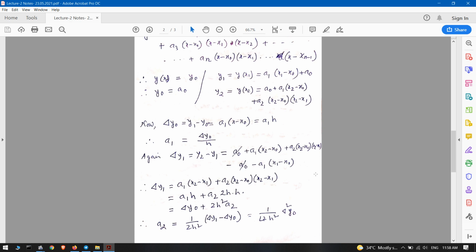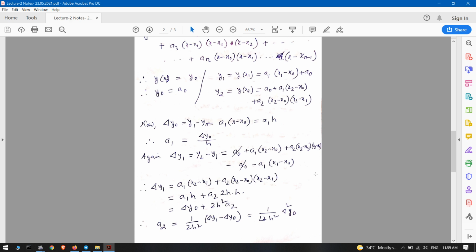Now you see that first thing, if x equal to x naught, the value of y is given how much? Y naught. So in this expression, what we have assumed, if we put x equal to x naught, you see that it will be a naught plus a1 into x naught minus x naught, that is 0, so the second term becomes 0, third term, fourth term, up to nth term 0.